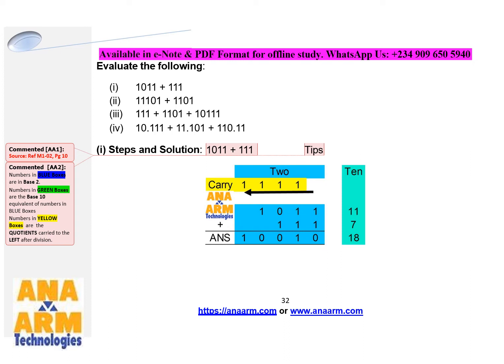Now, just to assist you to know whether you are doing the right thing, we have also converted each number given to you in base 2 to base 10. If you watch to your right, you notice a green box. So that is the equivalent of base 2 numbers that is given to you in blue boxes.